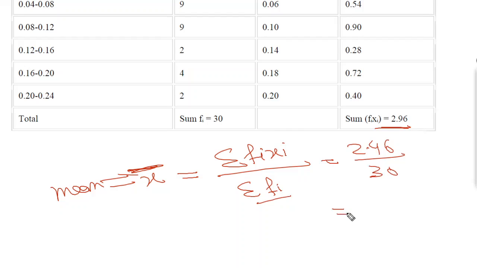So it will be equal to 0.099. So this will be your answer, this will be your mean.